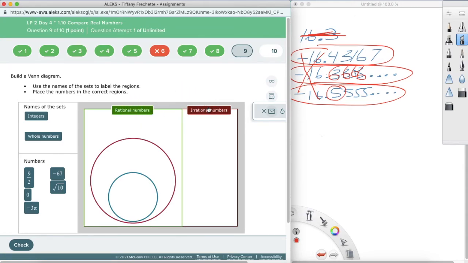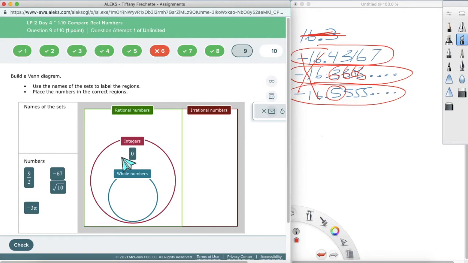And then the first piece we get are, I believe, integers and then whole numbers. Integers include 0, but whole numbers do not. Okay, so integers would be an example of whole numbers.